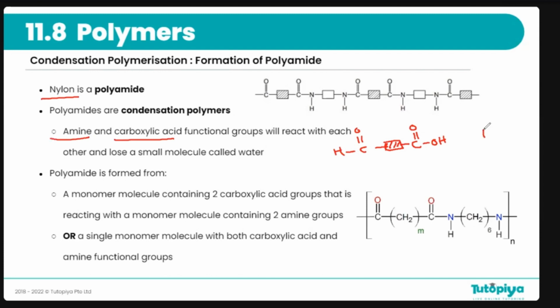These are going to be the monomers of our polymer. Okay, so this is a diamine, and this is a dicarboxylic acid.